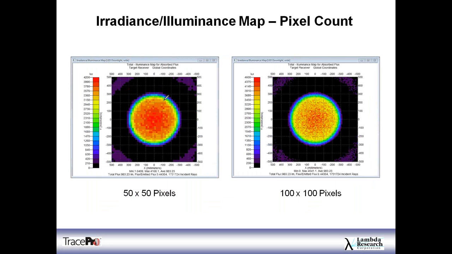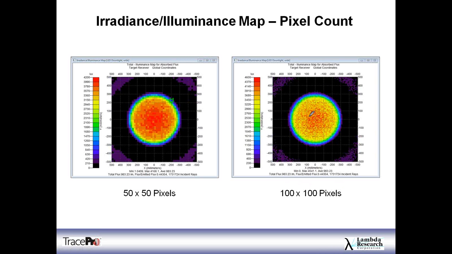So the Irradiance map is made up of a series of pixels, and these are defined in that Irradiance Illuminance options. The default setting is 50, so the map is 50 pixels by 50 pixels. If we look at this image here, we can actually see the small square pixels of the map. If we change that to a higher resolution, say 100 by 100 pixels, we can see the pixels are smaller.